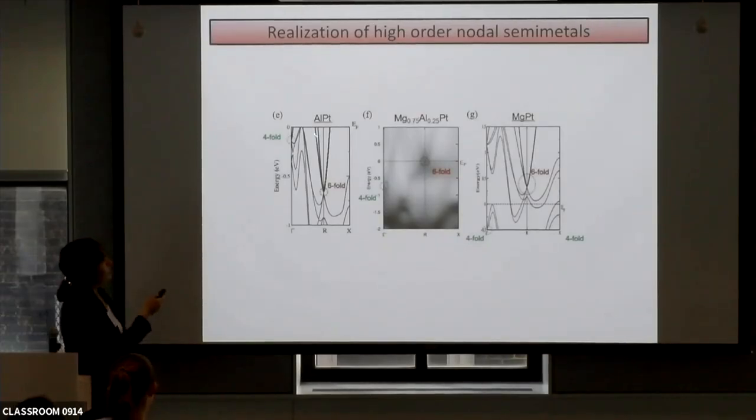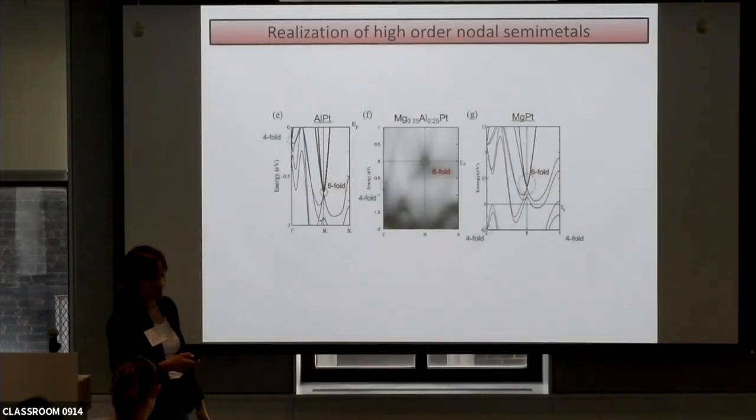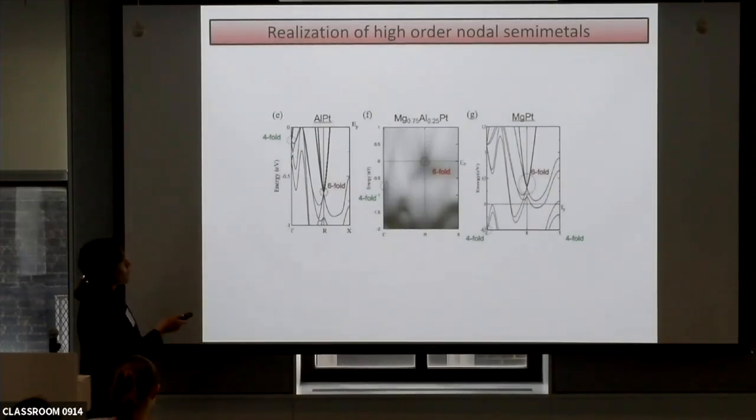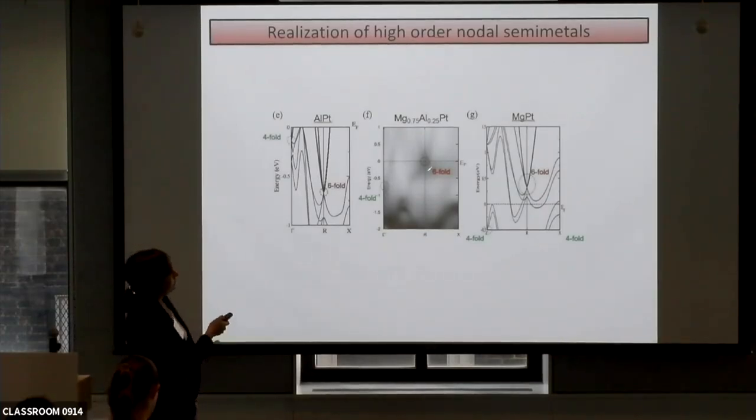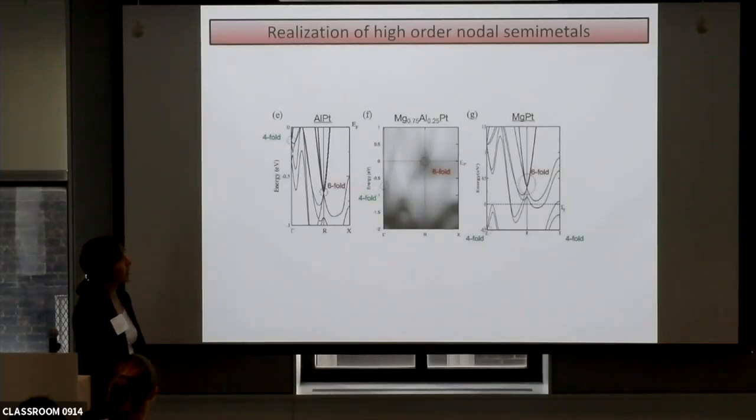The aluminum platinum belongs to a family that has a lot of different compounds. So one is, for example, magnesium platinum that has the sixfold over the Fermi level. So we thought about designing an alloy that could lift the sixfold point right here. And this was the stoichiometric formula that could actually do it. We talked with Claudia, but it was not actually possible to grow this material.